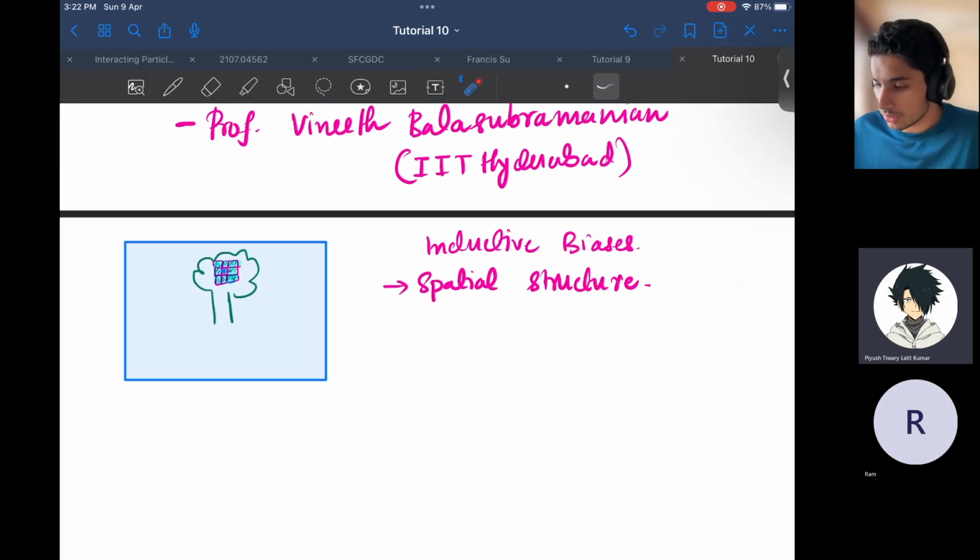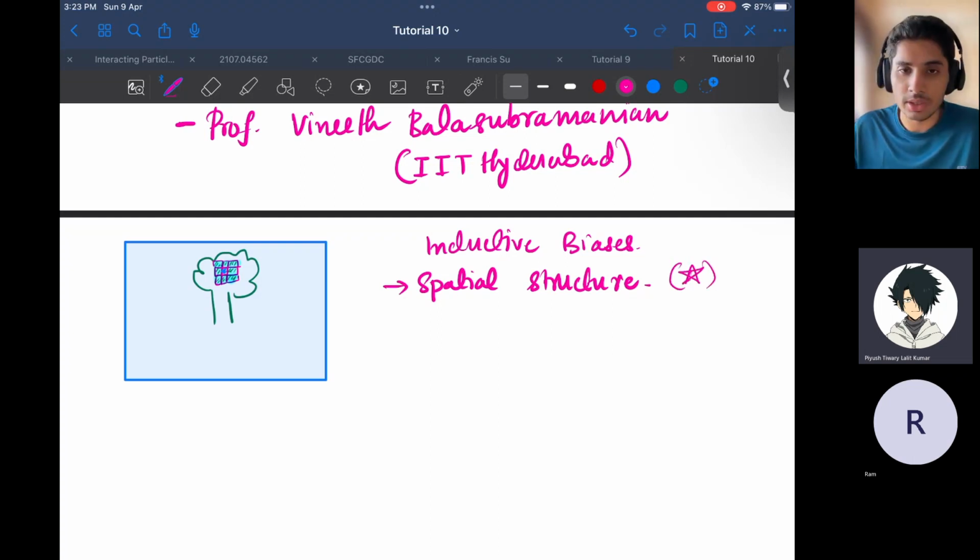That is what I mean by taking into account the spatial structure, right? This is the major motivation for using CNNs. Let me make a star around it.